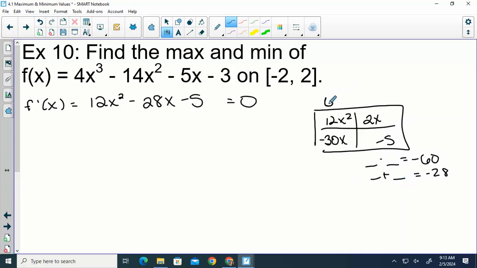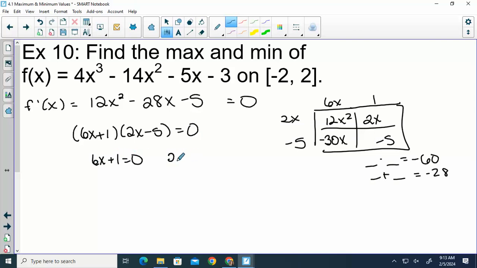So we could factor out 6x and a 1, and here we could take out a 2x minus 5. So if we set those equal to 0, we get -1/6 and +5/2. Okay, so those are my critical points.